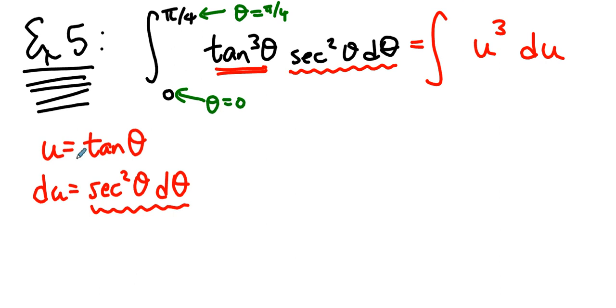If theta is 0, u happens to be 0. But this doesn't always happen. And if theta is pi over 4, u is the tangent of pi over 4. So now we have completely swapped out an integral with thetas in it for an integral with u's in it. So this is gone forever.